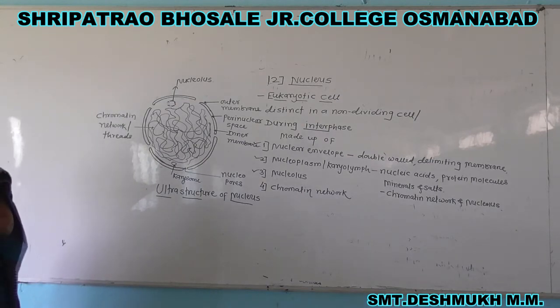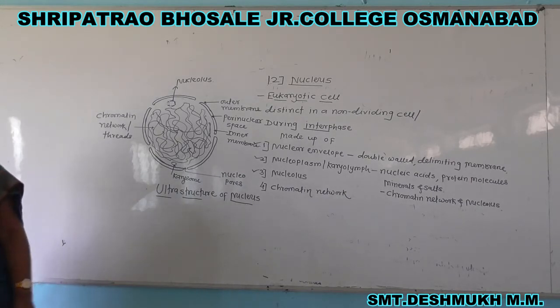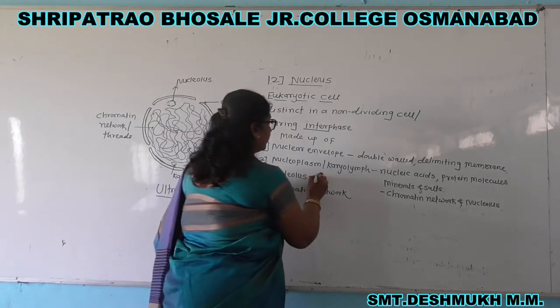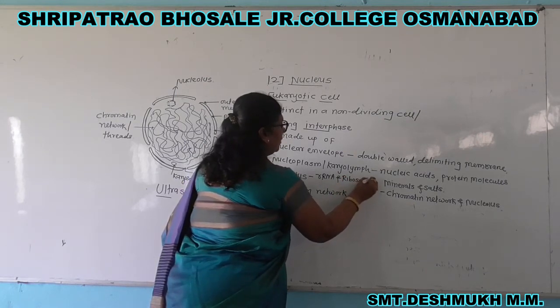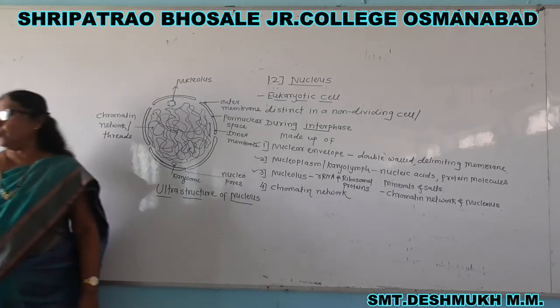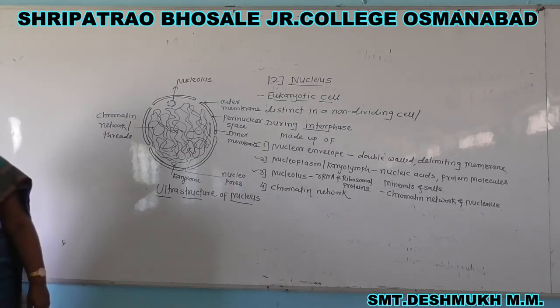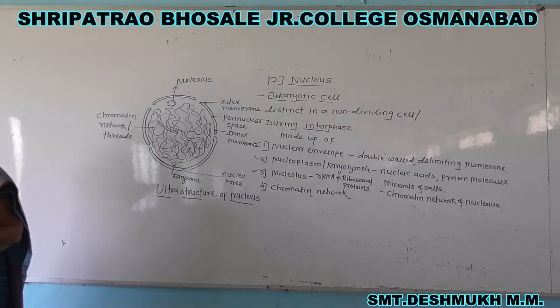Then the third part is the nucleolus. The nucleolus is made up of rRNA and ribosomal proteins, and it is a known site of ribosomal biogenesis.